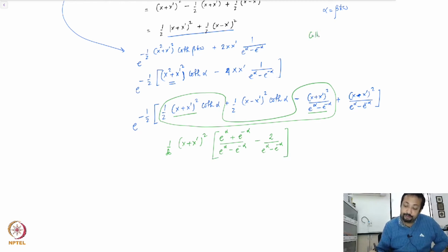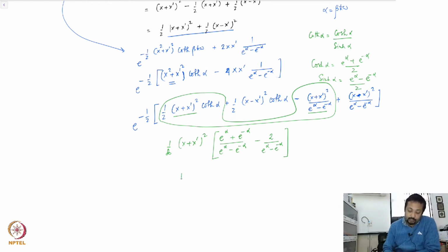If you are unfamiliar with the hyperbolic function, this is going to be cosh alpha over sinh alpha. Cosh alpha is (e to the power alpha plus e to the power minus alpha) by 2, and sinh alpha is (e to the power alpha minus e to the power minus alpha) by 2.